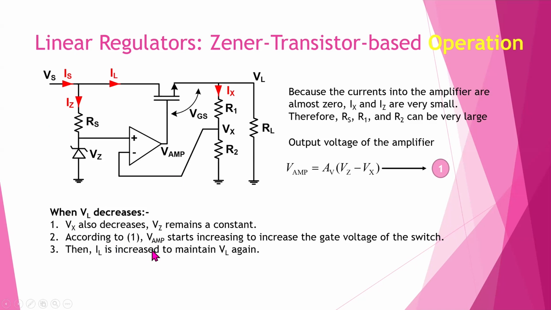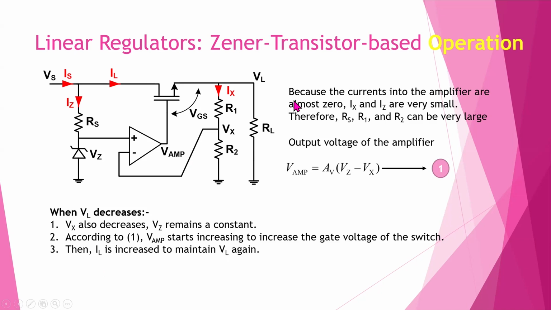So according to equation number 1, the output of the amplifier starts increasing to increase the gate voltage of the switch, this one. Then the IL is increased to maintain VL again.